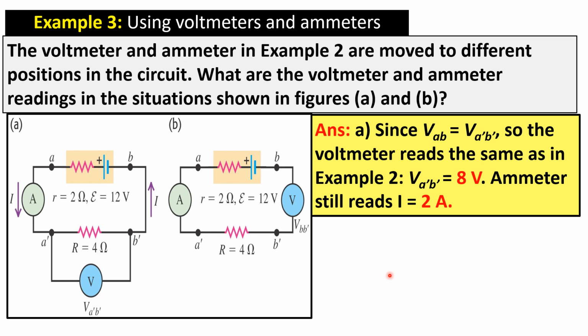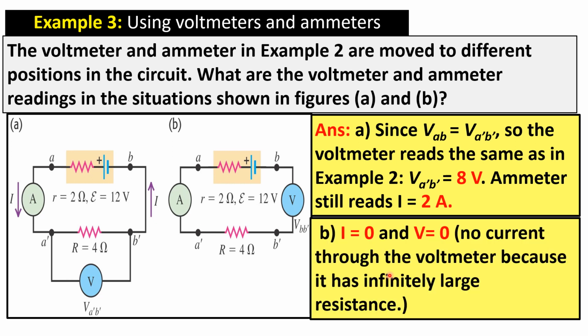As already discussed earlier, we just want to emphasize this now. The voltmeter, as I mentioned earlier, is designed so that it has an infinite amount of resistance, if you remember.